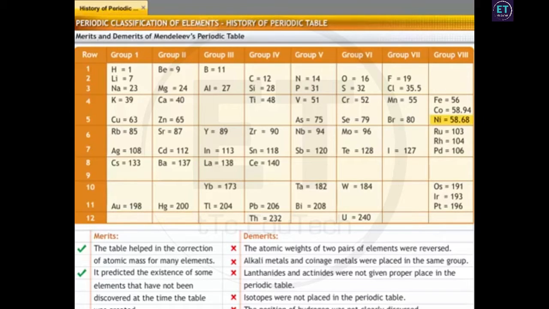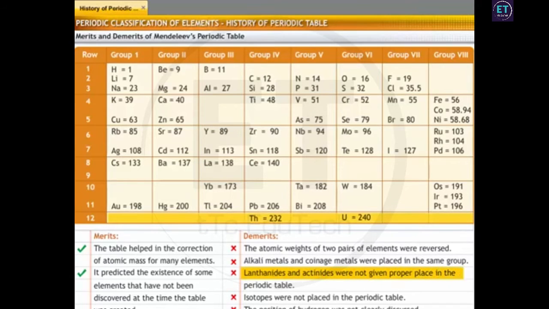B. Nickel, with atomic weight 58.68, came after cobalt, whose atomic weight is 58.94. Alkali metals such as sodium and potassium, and coinage metals such as copper, silver, and gold were placed in the same group, even though their properties are significantly different.